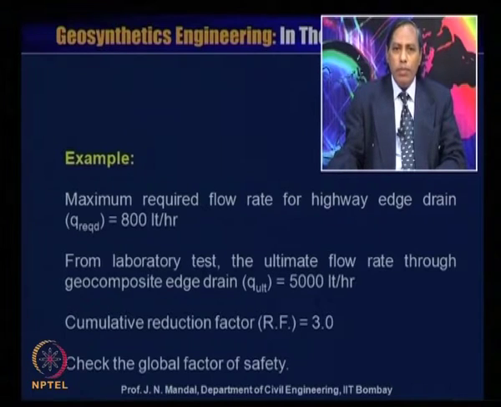Suppose the maximum required flow rate for a highway edge drain, Q required, is 800 liters per hour, and from the laboratory test the ultimate flow rate through the geocomposite edge drain, Q ultimate, is 5000 liters per hour. Assume the cumulative reduction factor RF is equal to 3. You have to check the global factor of safety.